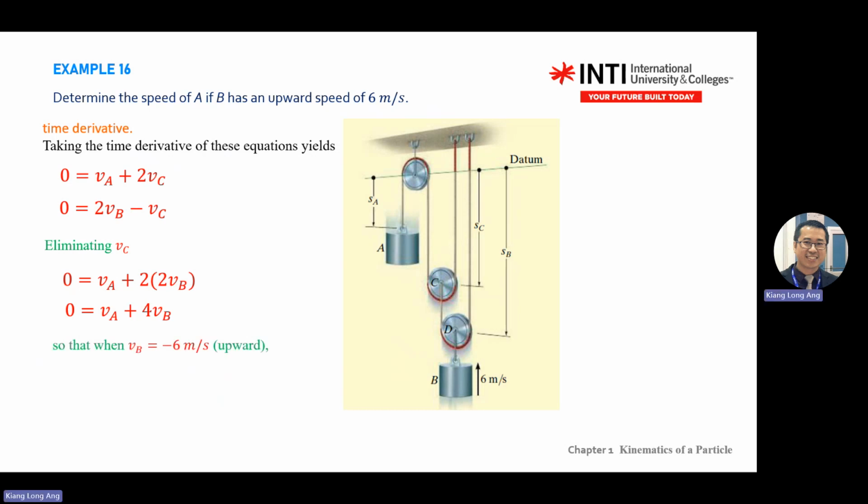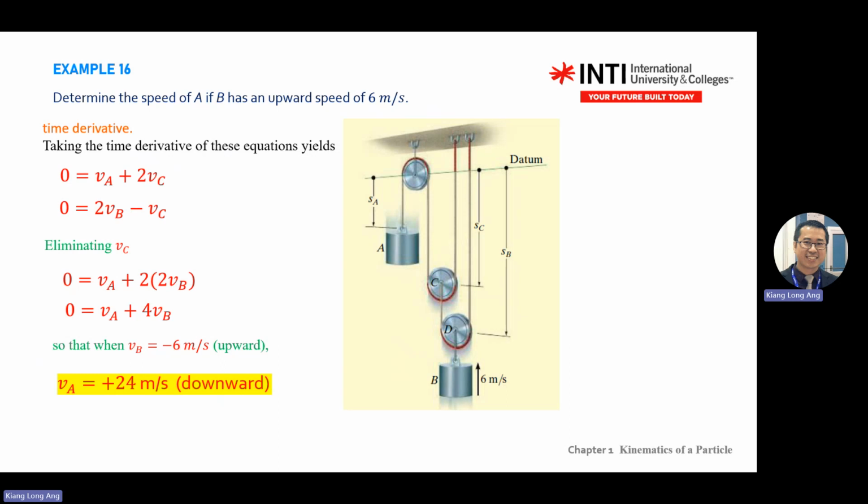So it tells you VB moves upwards 6. Again, this is a careless mistake. Some of you just copy the positive value. SB positive goes down. So remember. When you substitute negative, you get back negative. So you pull this one, minus 4VB, negative, negative, you get positive.